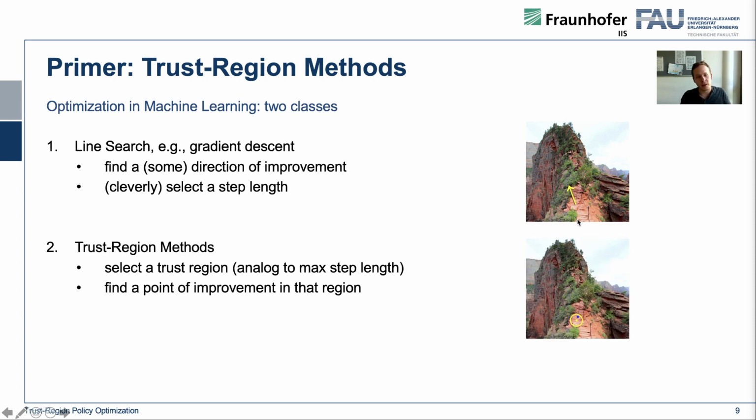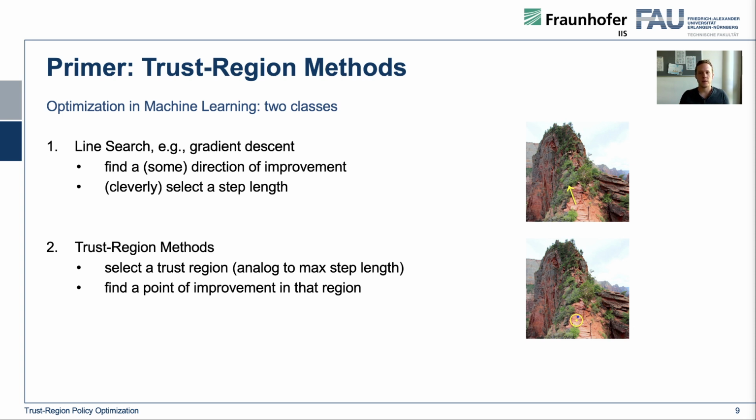However, on the other side, there are also trust region methods, which are a little bit different. In trust region methods, you also have a point that is your current estimate. However, you define a trust region around that point. This trust region is like an upper bound to your step size, similar to the maximum step length in gradient descent. Within that region, you formulate an optimization problem.